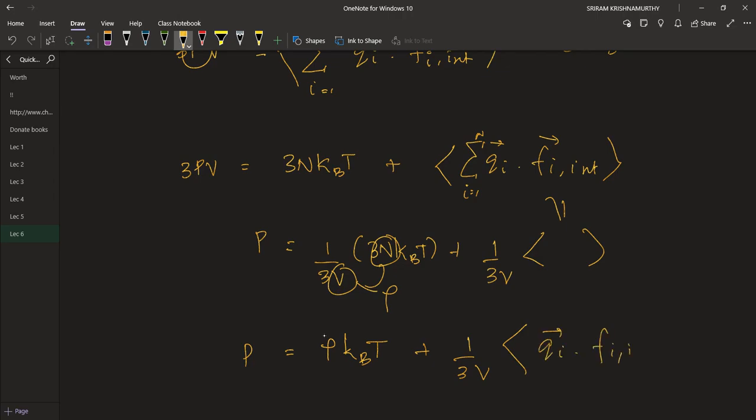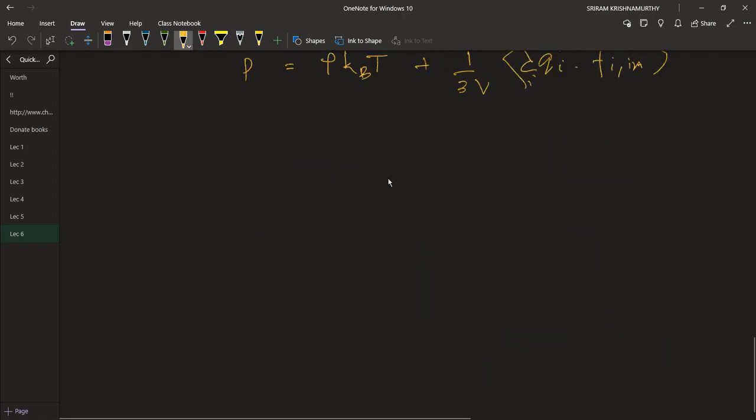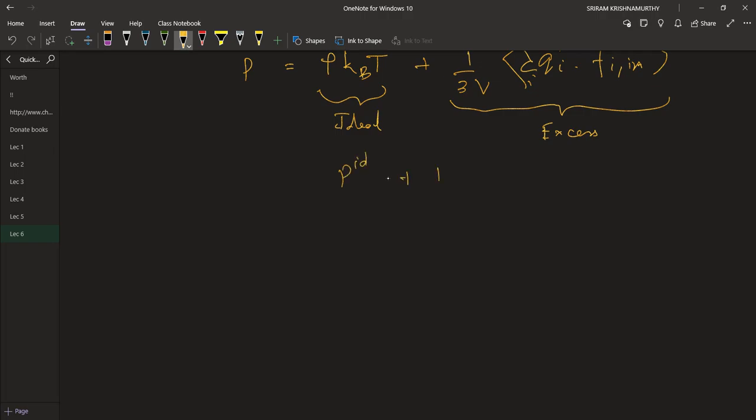So this goes to N. Right, so this term is the ideal pressure, and this term is the excess pressure, which results from the interaction between the atoms of the particles. This is P_ideal plus P_excess.